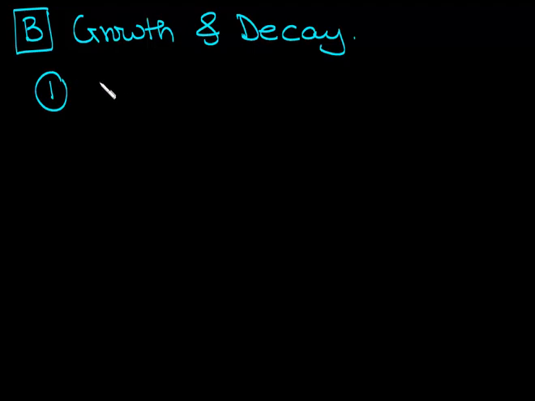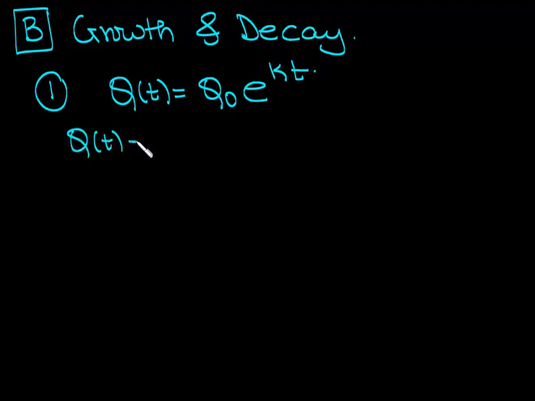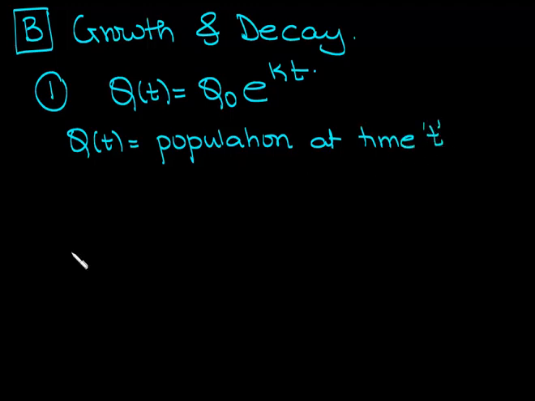The growth formula is given by this. You have Q of t is equal to Q naught e to the kt, where Q of t is equal to the population at time t. How many people are there, or how many bacteria are there, or how many rats are there, or whatever population you're looking at.